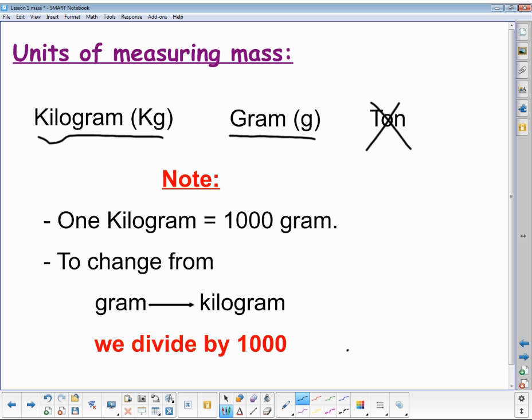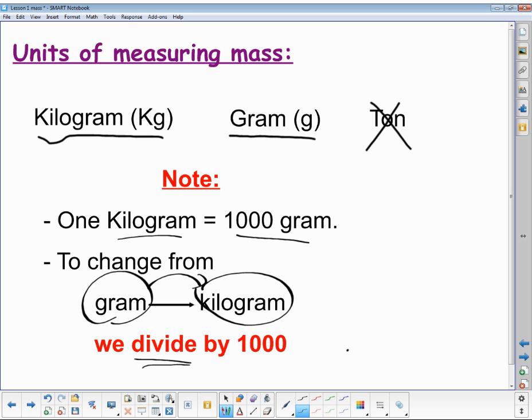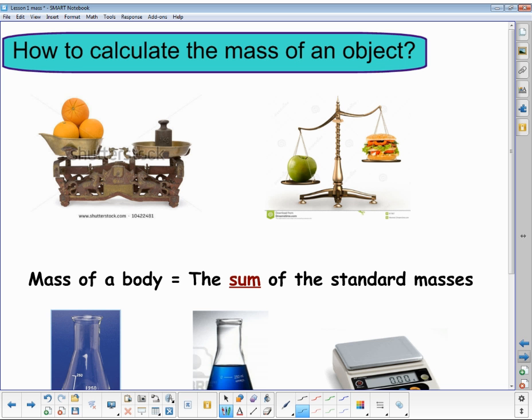Now, when we're talking about grams and kilograms, what we would find is that 1 kilogram is equal to 1,000 grams. So to change from grams over to kilograms, you actually need to divide by 1,000, and that's a pretty standard way of measuring.